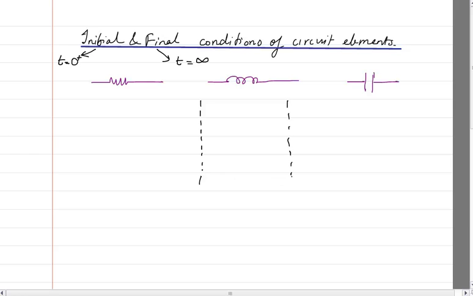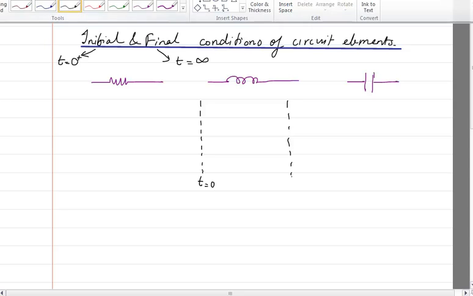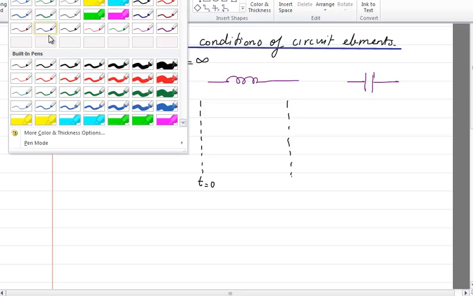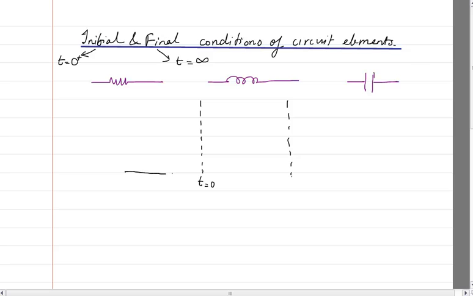One is at t equal to 0, just before and just after it, and what will happen to any circuit or circuit element. This is time, this is t equal to 0, and this is some t tending towards infinity. I am not saying it is infinity, it is tending towards infinity, and this is the negative time.